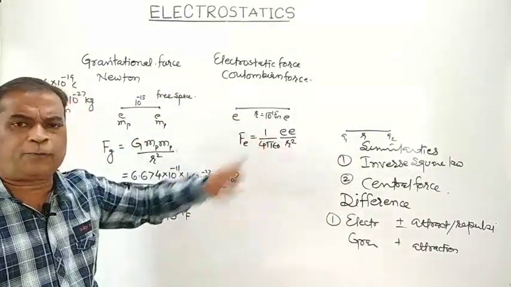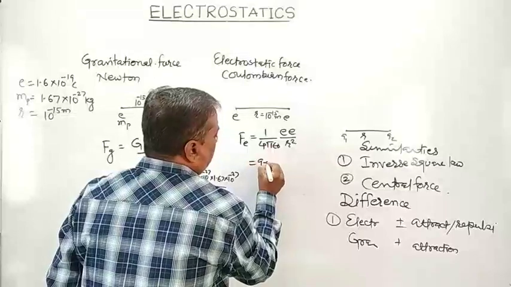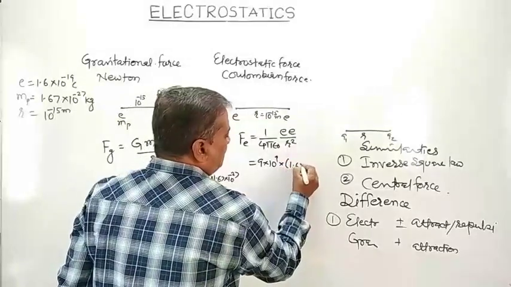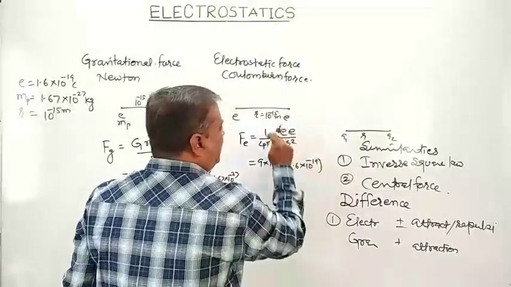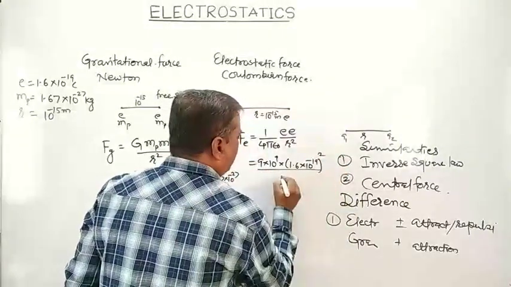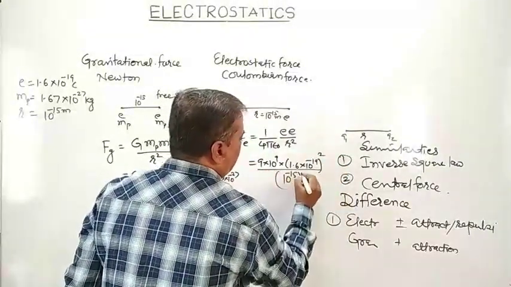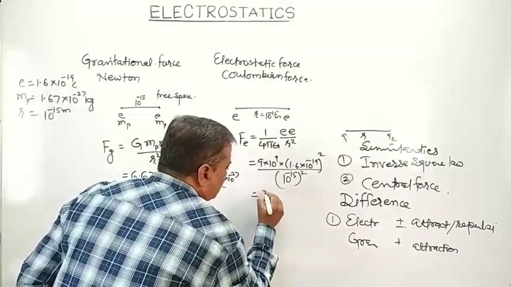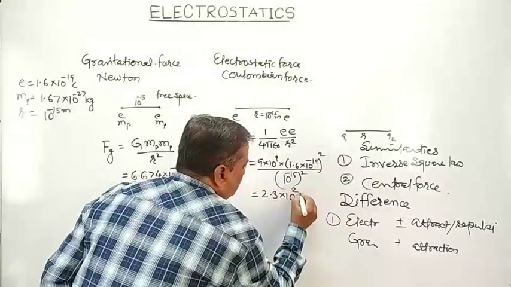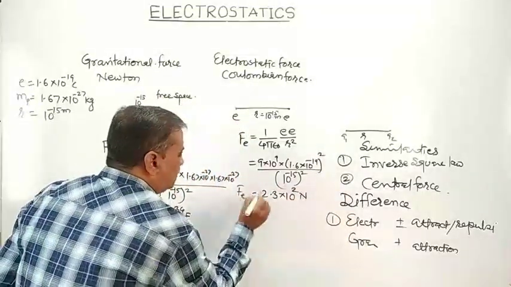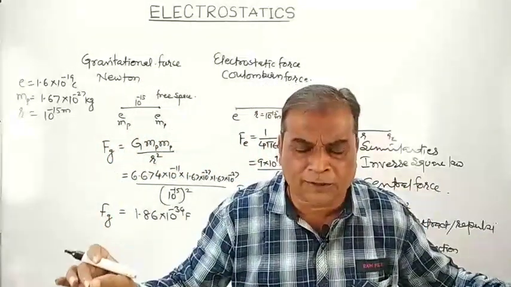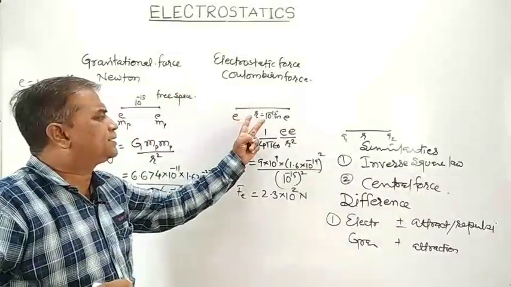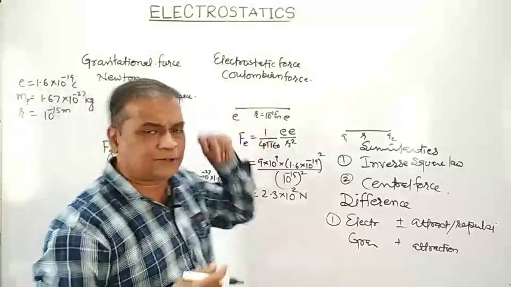You know the value of 1 upon 4 pi epsilon 0, it is 9 into 10 to the power 9 into, what is the charge on a proton? 1.6 into 10 to the power minus 19, e into e, square it and divide it by 10 to the power minus 15, that is the distance of separation between the two protons. If I calculate this force, it comes to be 2.3 into 10 to the power 2 Newton. So this is the electrostatic force of repulsion between the two protons separated by the same distance r equal to 10 to the power minus 15 meter.